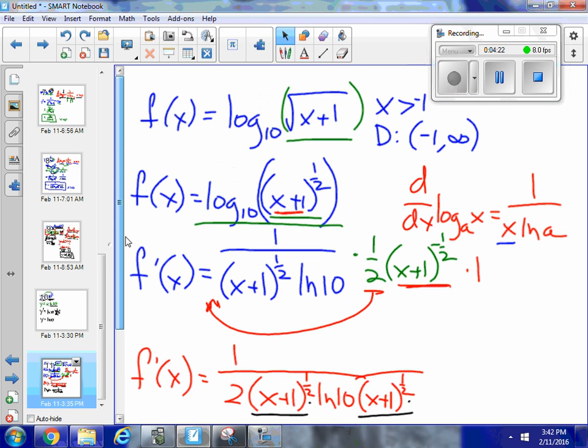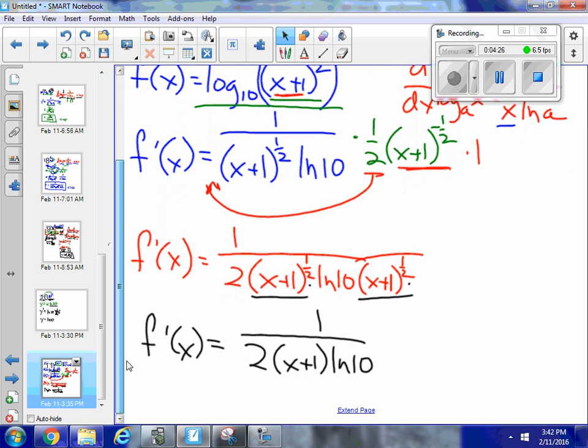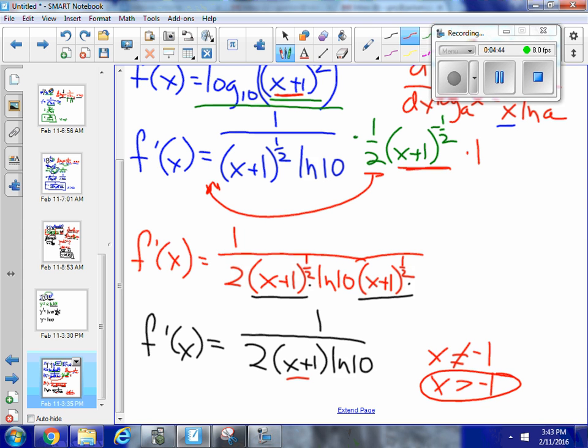Let's just take a peek at the domain. The domain up there said x has to be greater than negative 1. Well, if I just looked at it from the derivative standpoint, I just have to make sure that x is not equal to negative 1, but x greater than negative 1 is more restrictive. So that's the one that I have to use.